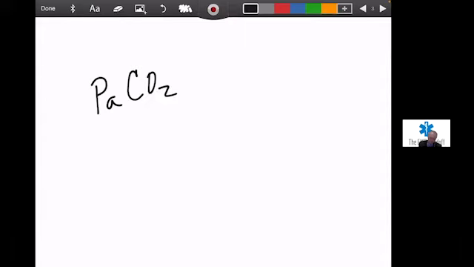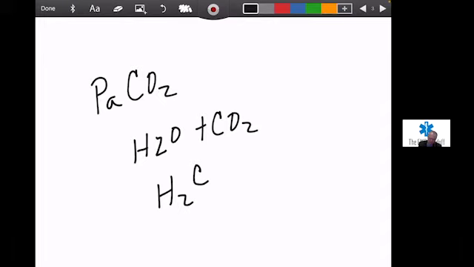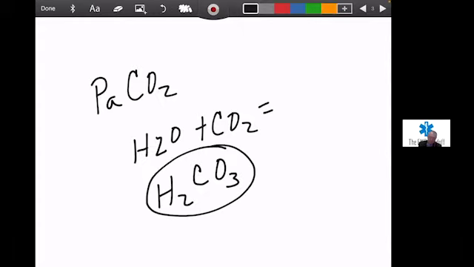Basically, what happens is water plus CO2, when you combine those together, you've got 2 hydrogen, 1 carbon, 3 oxygen. So H2O plus CO2 equals carbonic acid.